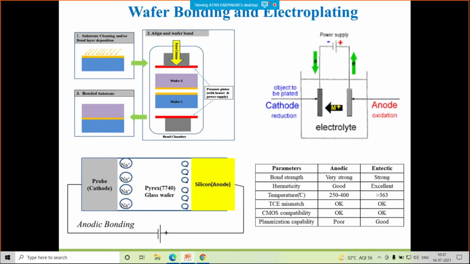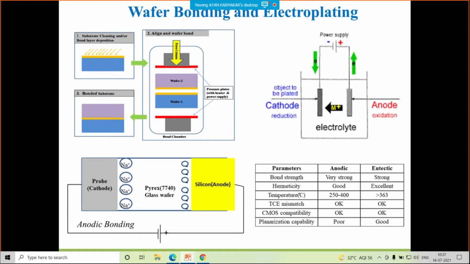That is how wafer bonding has come into the picture. By wafer bonding techniques we can stack multiple silicon wafers together, and different patterned silicon wafers also, with the help of anodic bonding or eutectic bonding. Though this classification has its own merits and demerits, obviously.